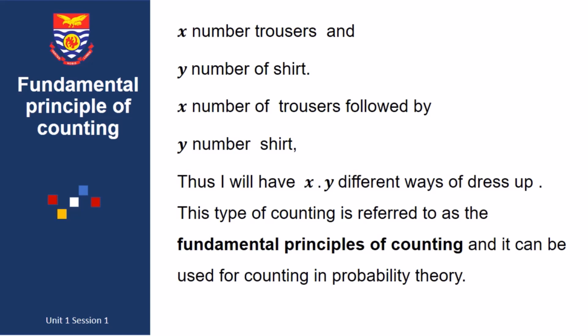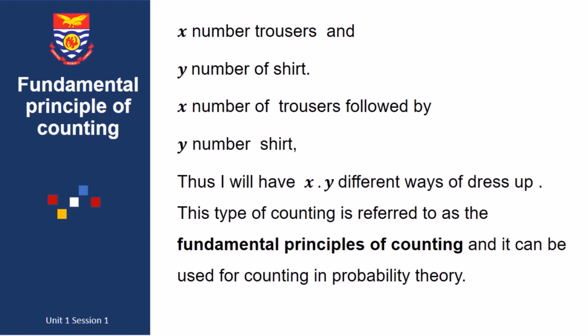In this case, I'm going to have X times Y different ways of dressing up. You get it? So I'm going to have X by Y different ways of appearance, so to say.